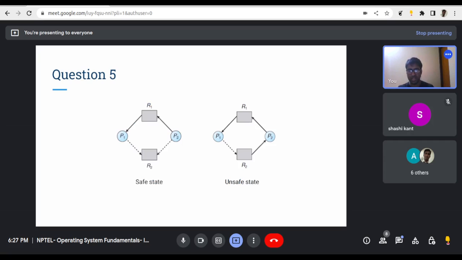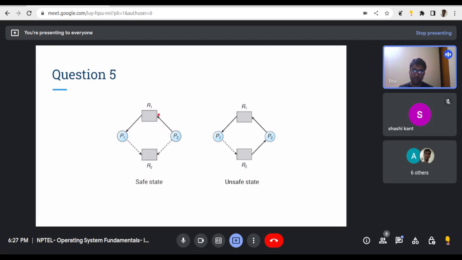So this is an instance of a resource allocation graph which shows the safe and unsafe states. This system is in a safe state. It shows that both processes can request resource R2, but have not yet made the request.